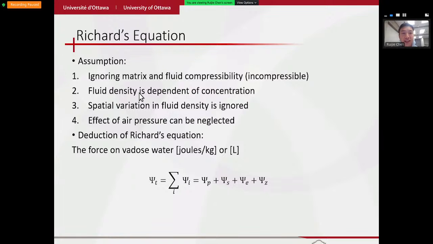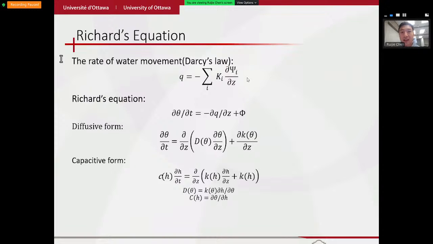If we write the forces on the viscous water, we can know that the total potential equals the summation of the pressure potential, the solute potential, the electrochemical potential, and the gravity potential. And we take the water head potential out, and using Darcy's law, we can calculate the flux.